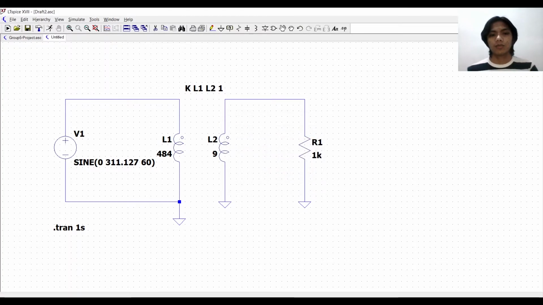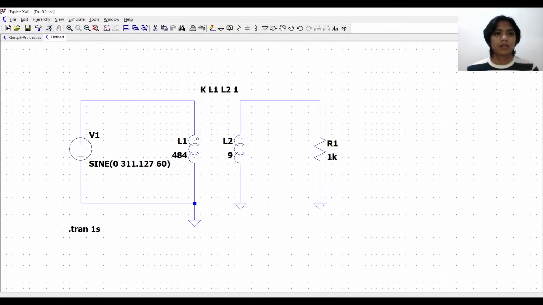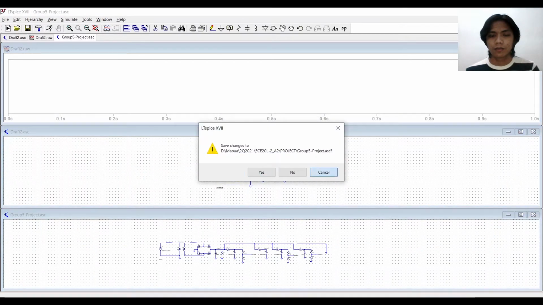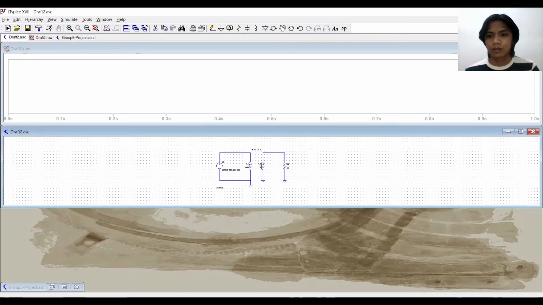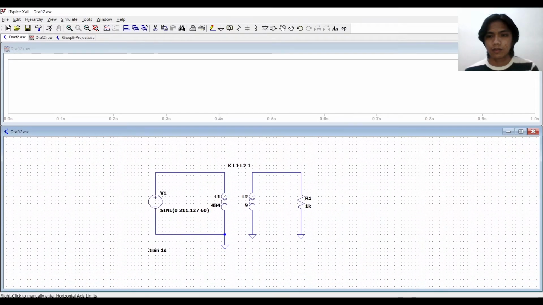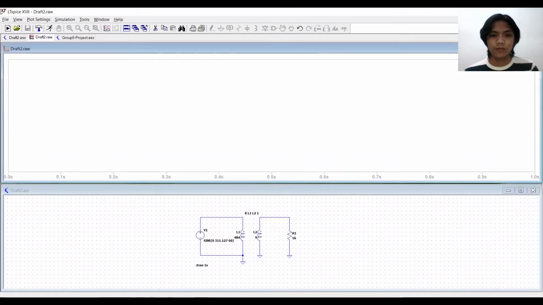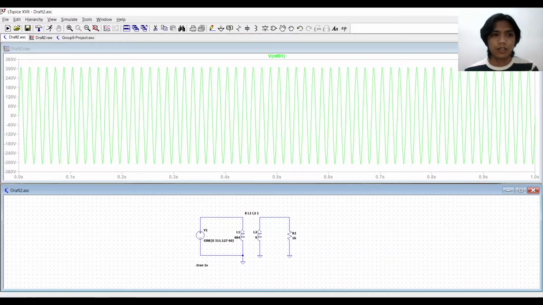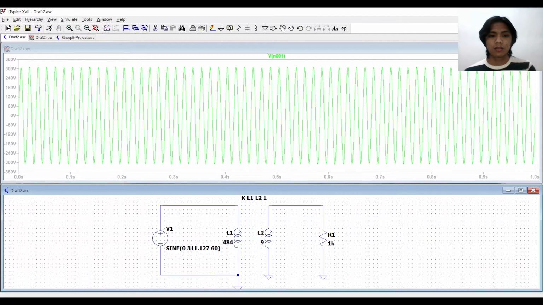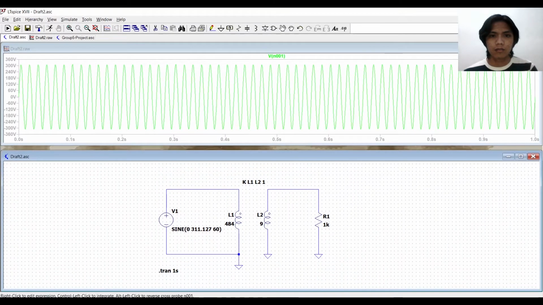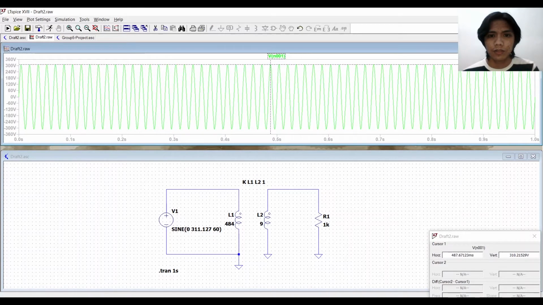In this case, I would use 1000 ohms just to show you the waveforms. Here in the primary winding, we have a peak voltage that is nearly the same.